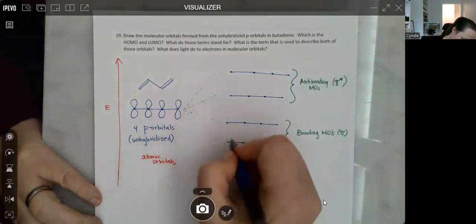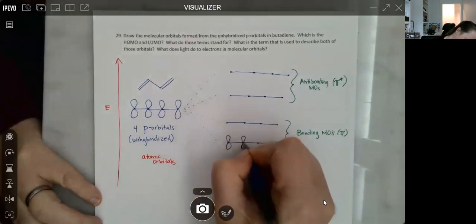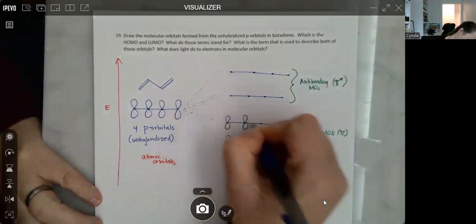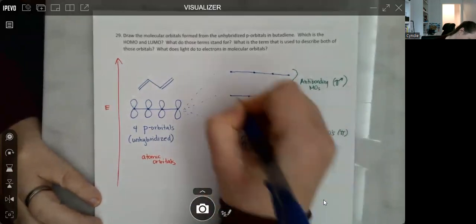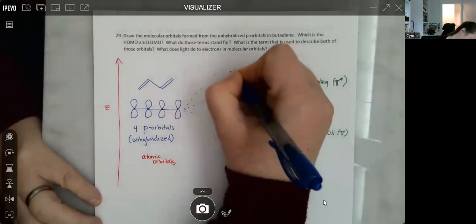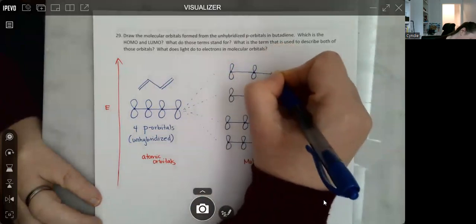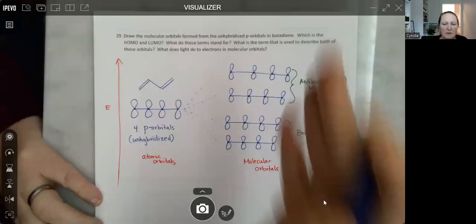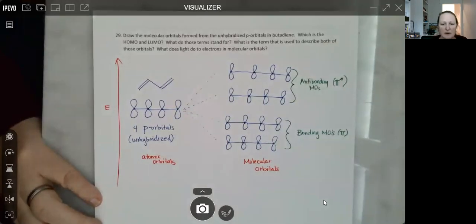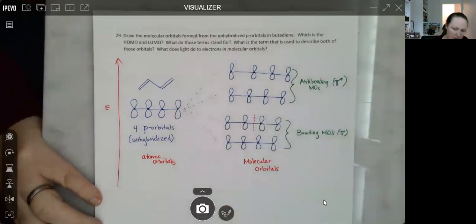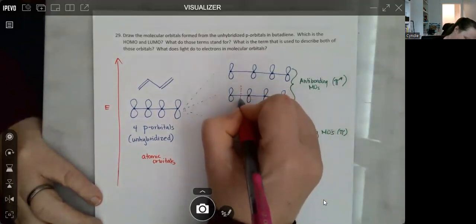Okay, so we can go ahead and draw in these p orbitals. This is sort of a simplified drawing. And remember that as we go up in energy with molecular orbitals, we increase the number of nodes. So here we have 0 nodes, and then we would have 1 node, and then 2 nodes, right?